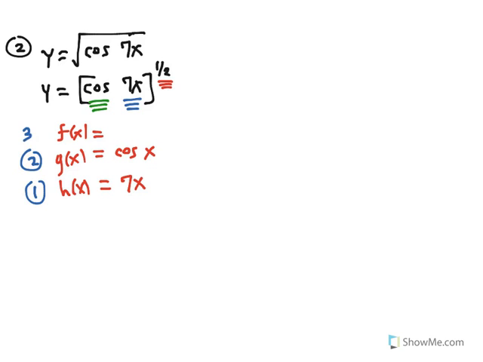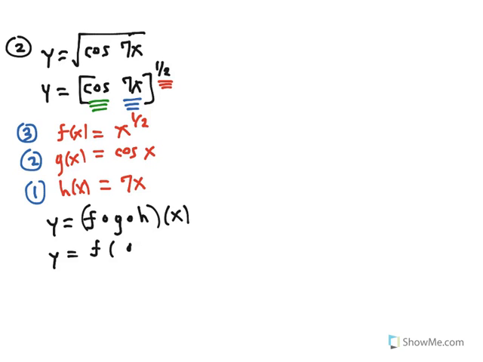And your outside function, or the third function in the composition, is the square root function, or raising to the 1/2 power. So when you compose these 3 functions, you get the function y. y is equal to f of g of h of x.